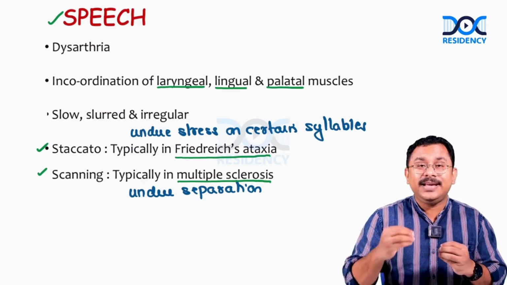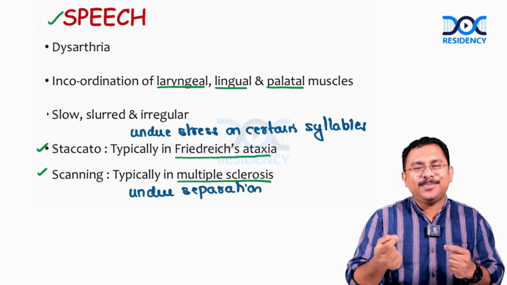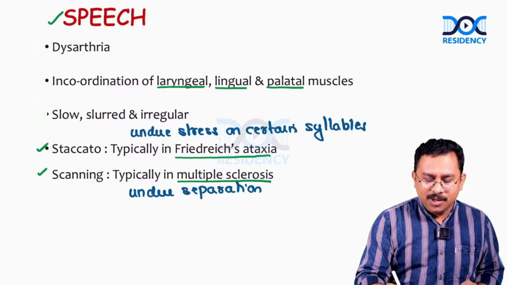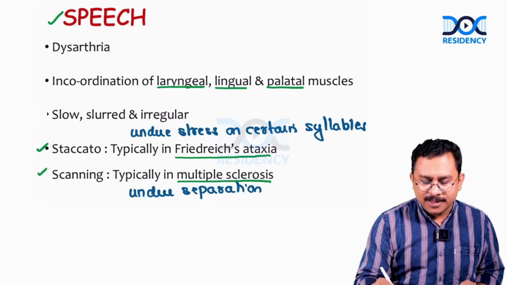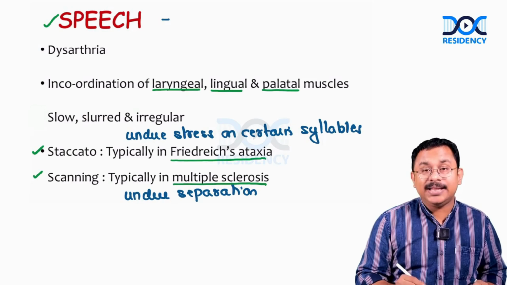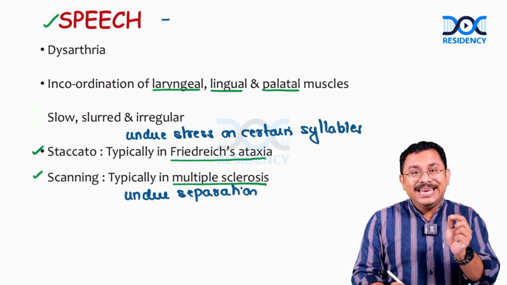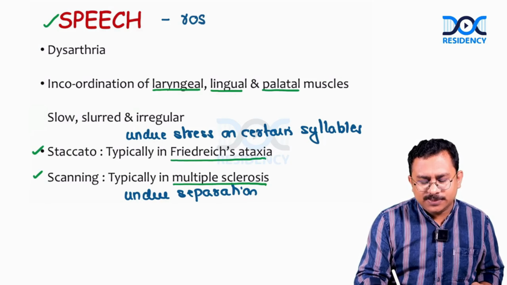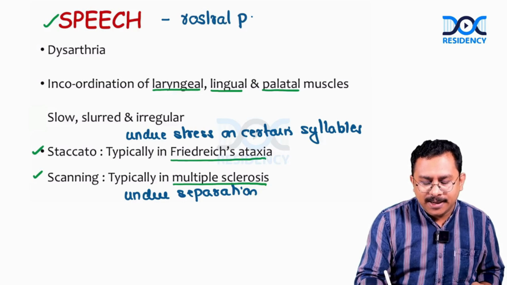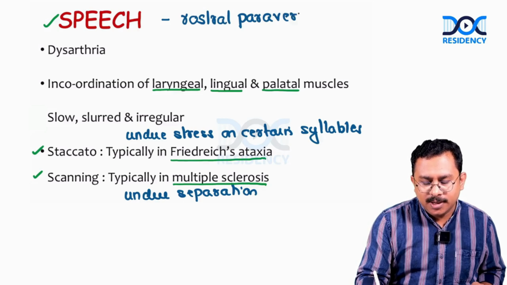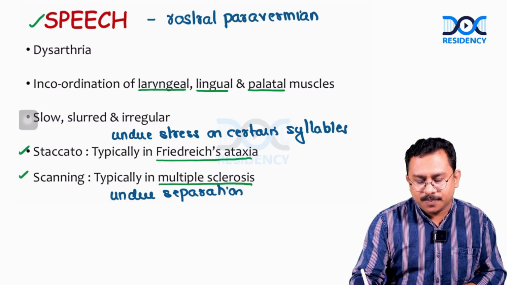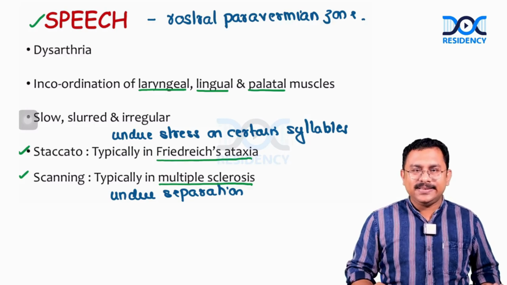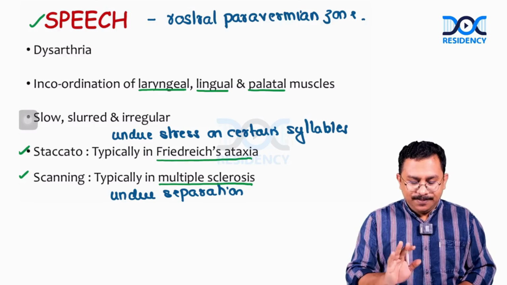Will all patients with a lesion involving the cerebellar hemispheres have speech affection? No, not everybody will have. To be more specific, the speech affection is usually from the paravermis or the intermediate zone or the medial cerebellar hemisphere. Again, to be more specific, it is the rostral paravermian zone. That is the site that is affected. Okay, that is clear.